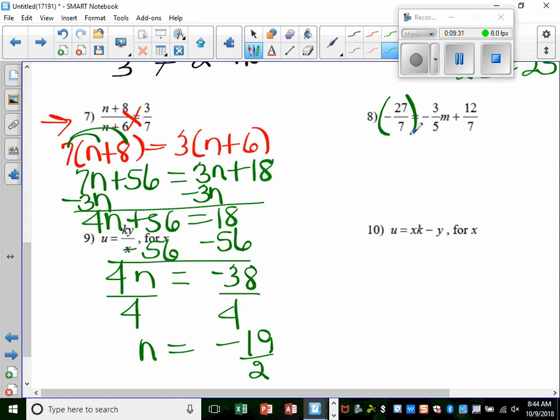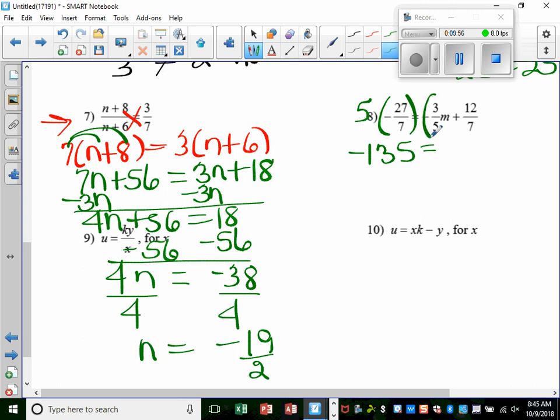I want to make my denominator 35, so what would I multiply the first fraction by? 5. Who can tell me what 5 times negative 27 is? Negative 135. What do I multiply the second fraction by?